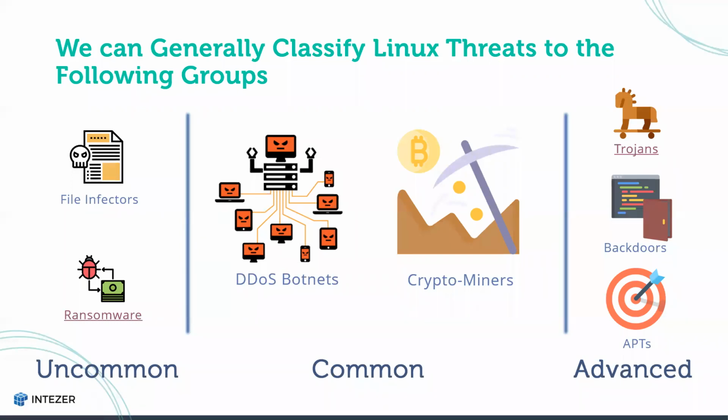On the other hand, we see uncommon threats, things like file infectors or ransomware. They're not as common as DDoS bots or crypto miners, but for example, just a few minutes ago, we published some research regarding a ransomware that we found that targeted NAS services.